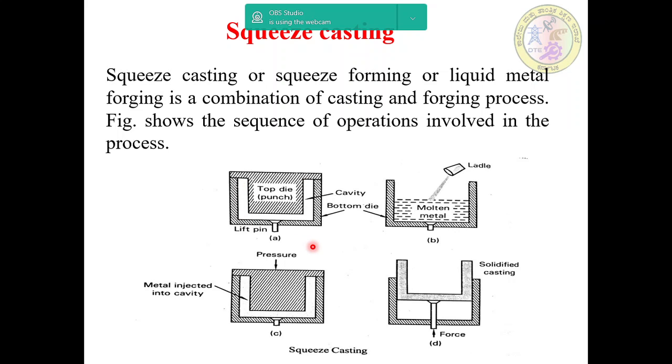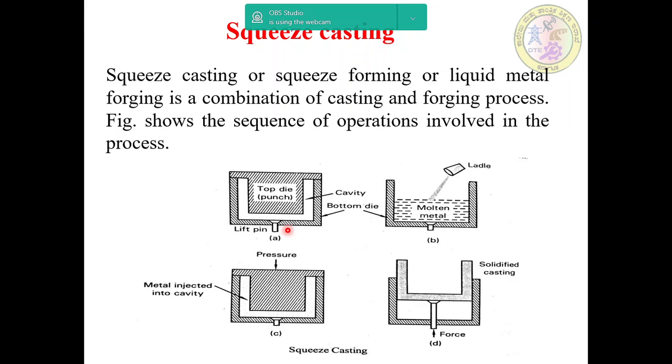And then the process makes use of two dies, bottom die and top die, cast and machined in such a way that upon mating they leave a cavity similar to the shape of the desired casting.